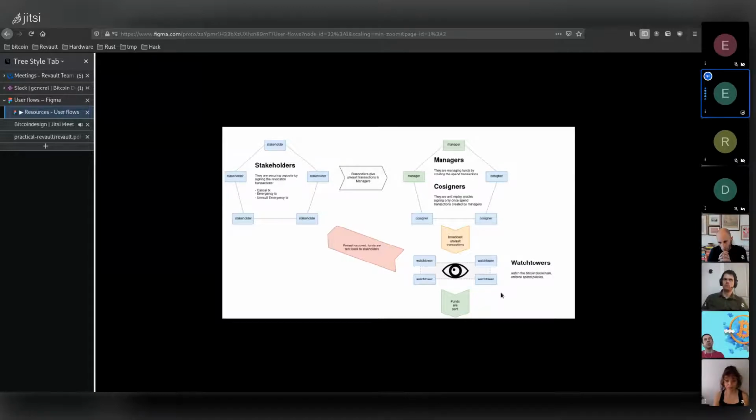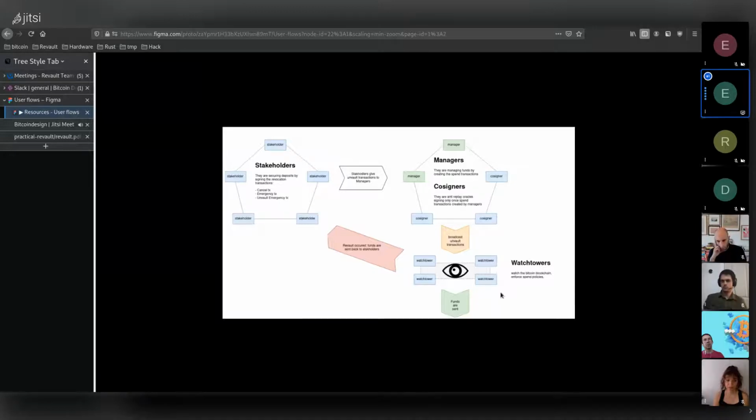I know that Jeremy Rubin is working on something called covenants, with OP_CHECKTEMPLATEVERIFY, but it needs a soft fork, I think, to go into Bitcoin. So at the level of the Bitcoin scripts, you can't have something to enforce spending policies.